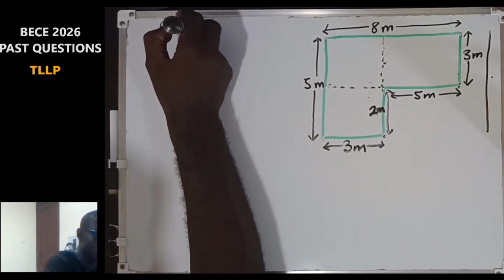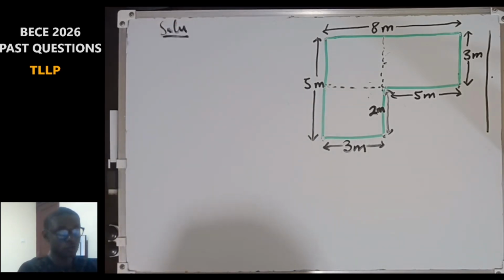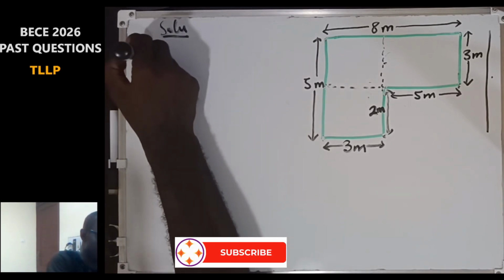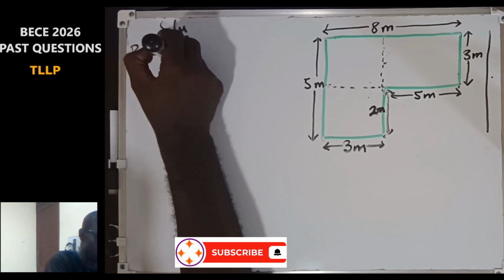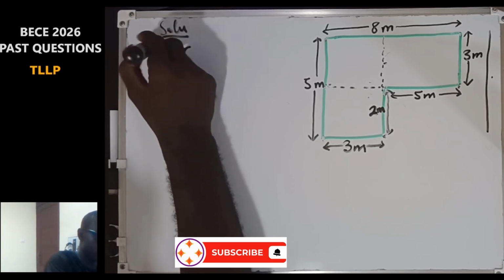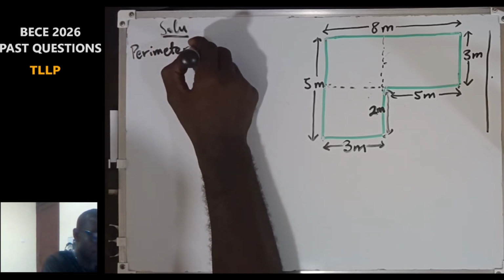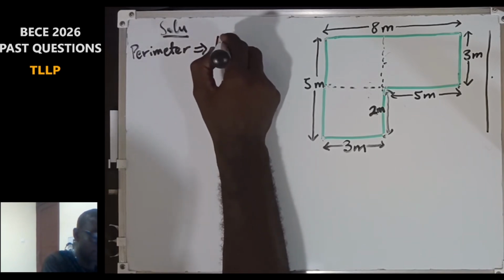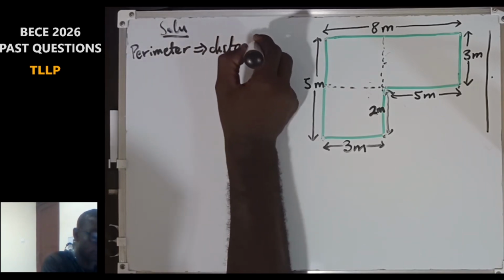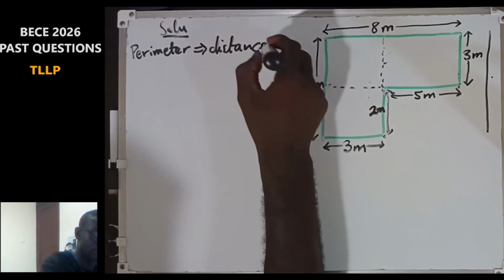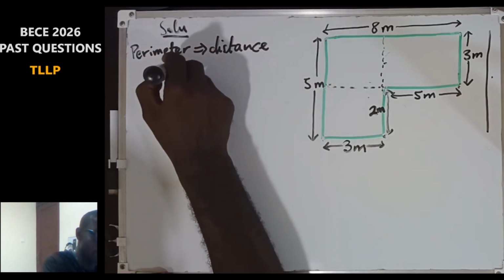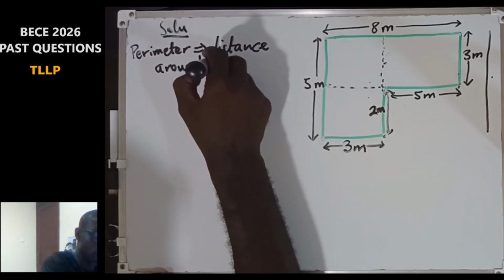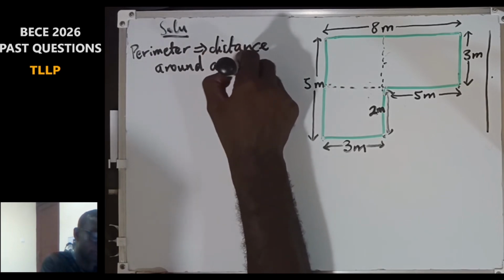So to solve our question, we say that perimeter implies distance around an object.